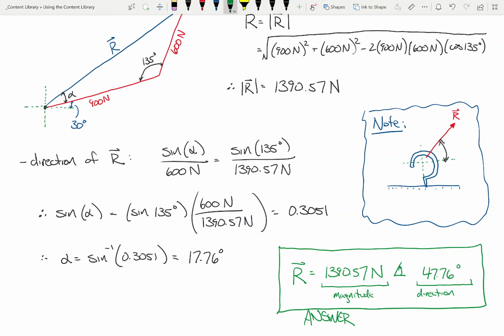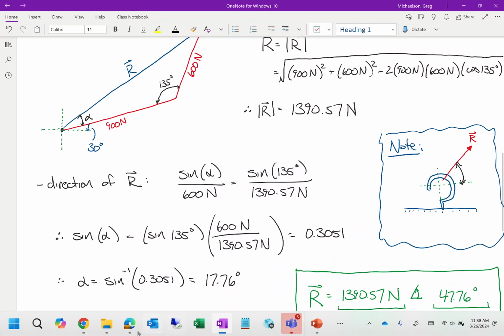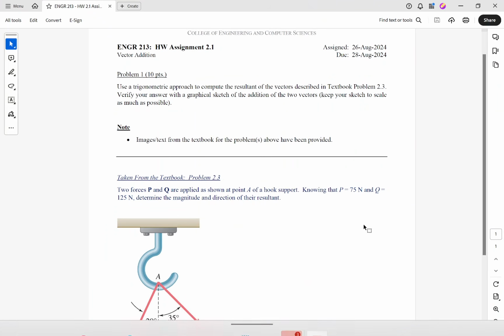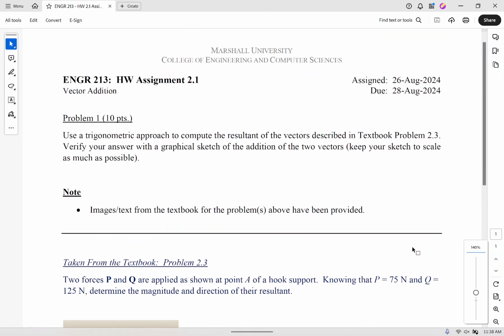Okay, let me pull up your homework assignment because I want to talk about just the format of that real quick so that we're all on the same page. So this is your homework assignment, okay? Basically what I want you to do is what we just did for textbook problem 2-3.